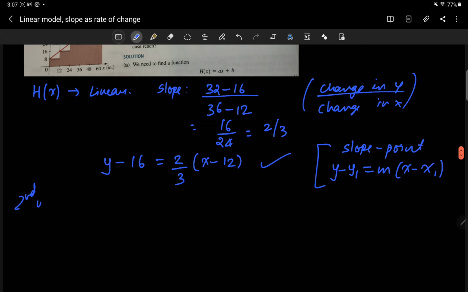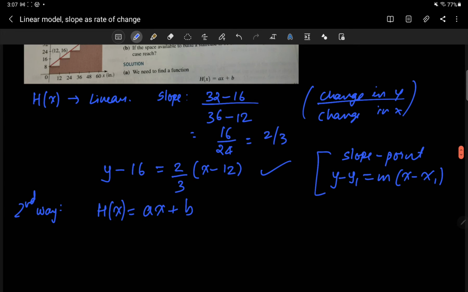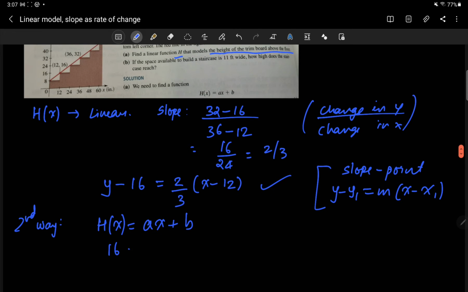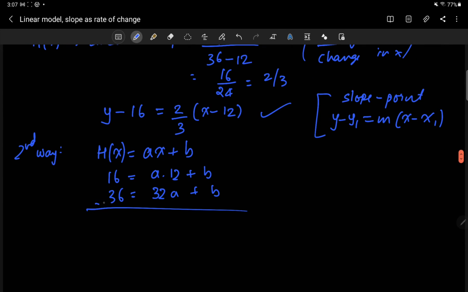The second way to get this is, as the book suggests here, start by making the assumption that h of x is linear, ax plus b, and then it should satisfy those points 12, 16 and 36, 32. So 12, 16 means this is 16 when x is 12, and this is 32 when x is 36. Let me check: yes, this should be 32 and this should be 36, because the slopes should match up. At this point, this becomes a system of two equations that you can solve by subtracting.